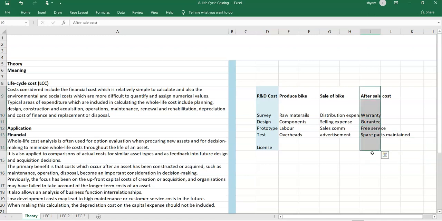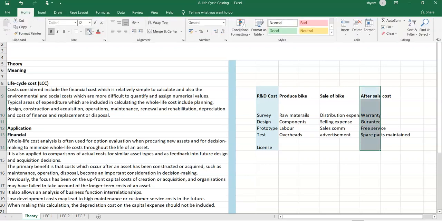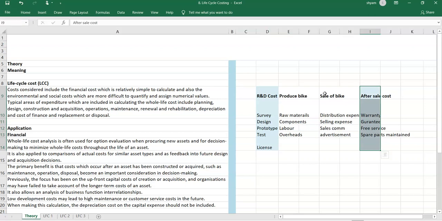Again, this is a cost which is incurred after the sale of the bike. We do not usually consider the R&D cost or the after-sale cost. We only think that the production cost and the sale cost have to be considered. But what about the cost before and after that? Life cycle costing considers that.